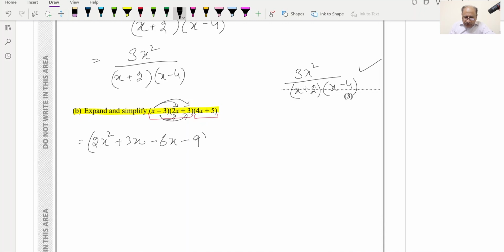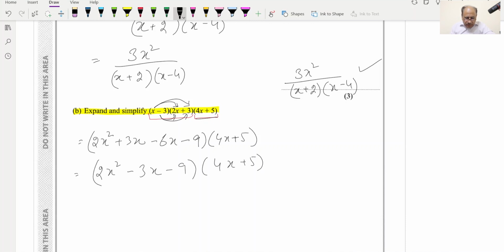We will put in brackets, and this portion 4x plus 5 we will write as it is, and we can add the like terms. So 2x squared and minus 3x minus 9, and this will be multiplied by 4x plus 5.